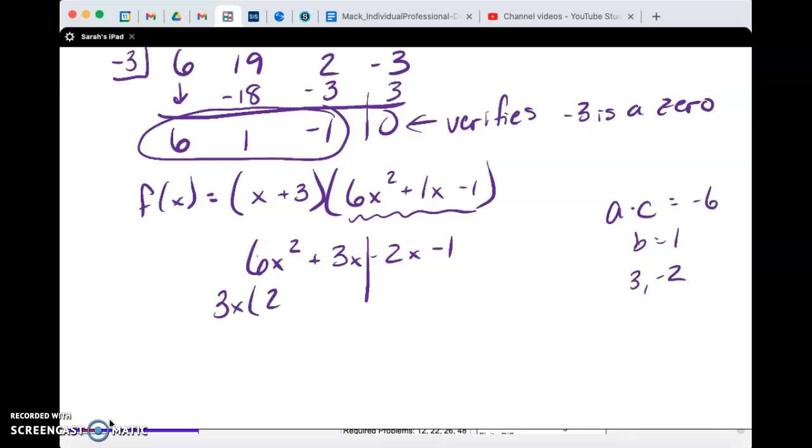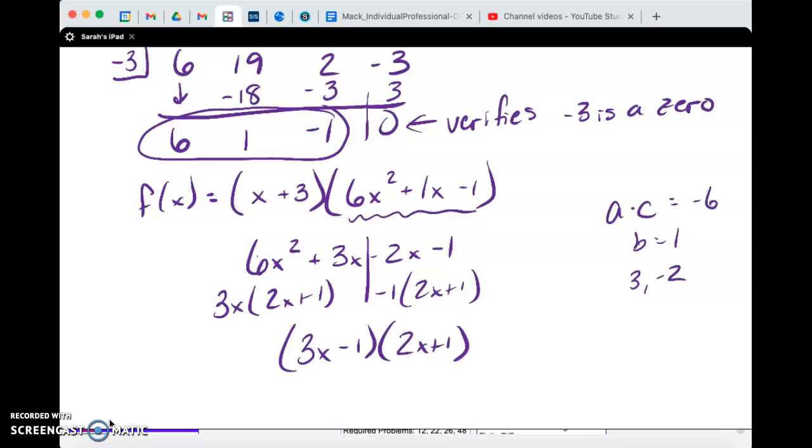We should know how to do this. Factor out what you know in the first 2 numbers, and factor out what you know in the second 2. So that quadratic, when you do it, factors to be 3x minus 1 and 2x plus 1.